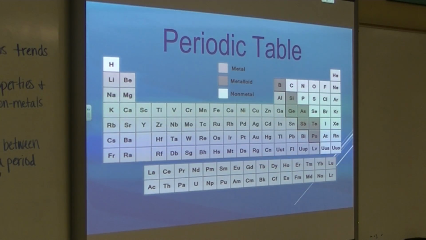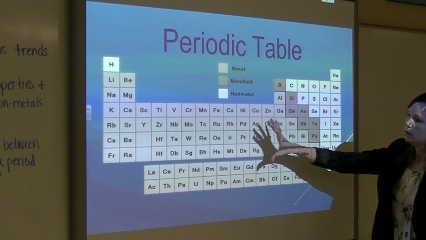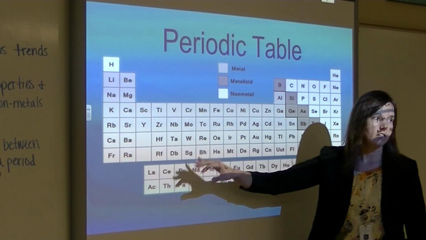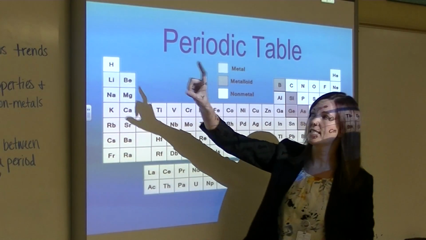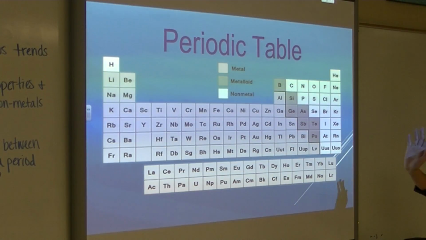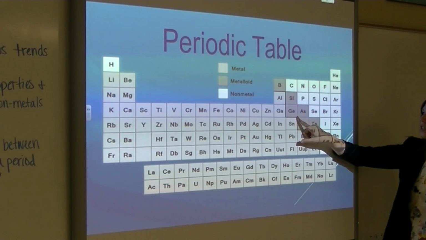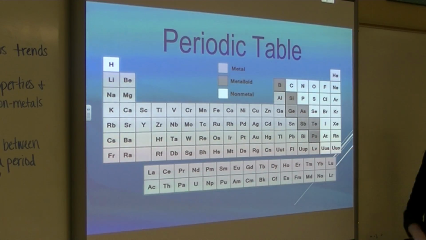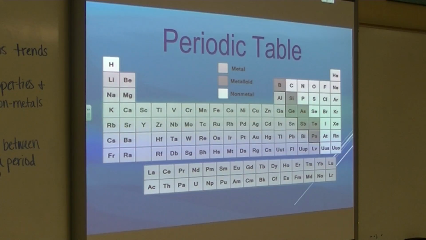So everything on the left-hand side, including the lanthanides and actinides, everything on the left-hand side except for hydrogen. Hydrogen doesn't count in this, but everything else on the left-hand side is a metal. Okay? So if you want to, on your paper, draw in this line a little bit darker so you can see where the metals are separated from the metalloids, I would encourage you to do that.